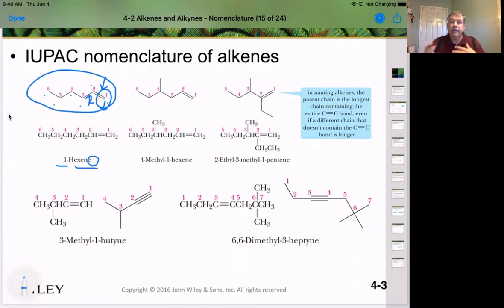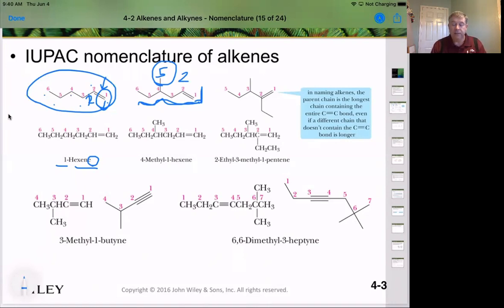Okay, so let's take the next one and add a substituent to it here. We again already have a parent compound here, has 6 carbons. Notice if we used this as our parent chain, that parent chain would only have 5 carbons, and therefore it is not the longest chain. So our longest chain here is 6, and then we have 1 substituent at that number 4 position because we're going to start numbering at the number 1 carbon of the alkene, leading through the second carbon and then continuing on through the rest of the chain.